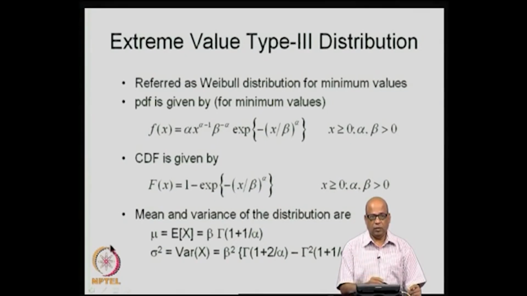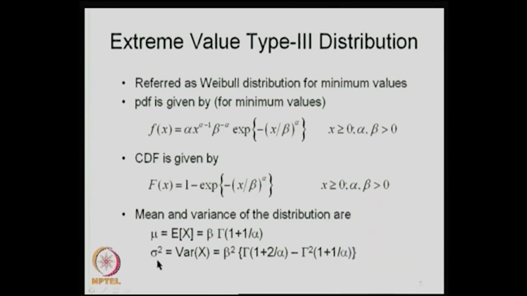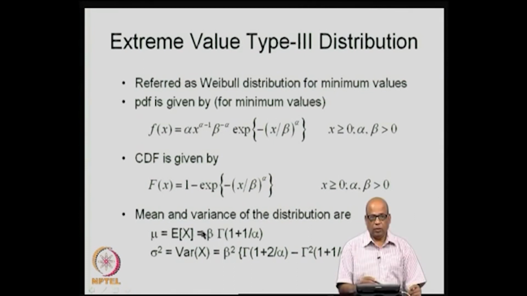Similarly, the variance sigma square is given by beta square times [gamma function of (1 + 2/alpha) minus the square of the gamma function of (1 + 1/alpha)]. So, given the sample values, we should be able to estimate alpha and beta by using these two moments, mu and sigma square.